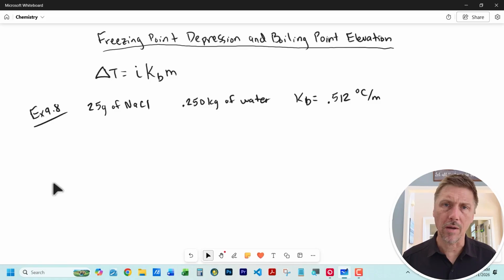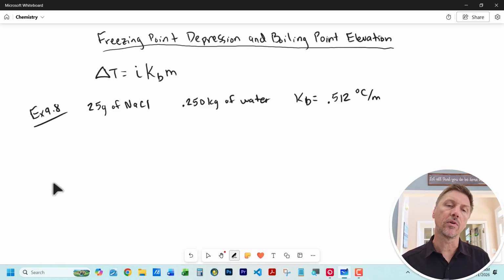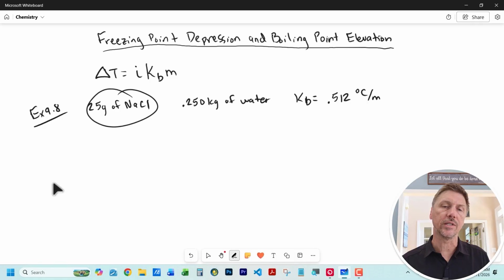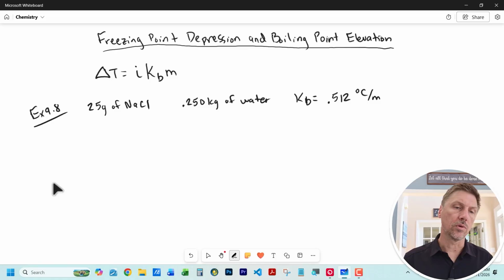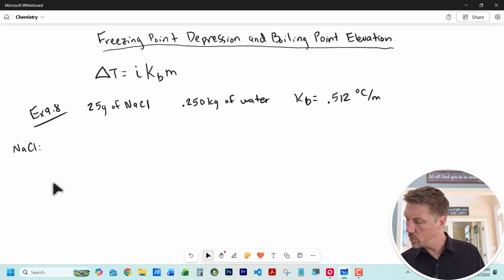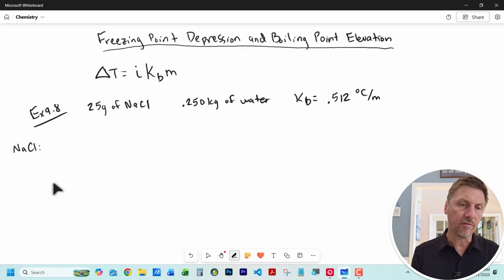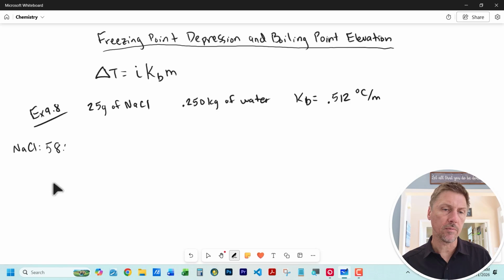The boiling point elevation constant for water is 0.512 degrees Celsius over molality, okay? So very similar problem. We're going to work this the same way, except this time we need to convert 25 grams of NaCl to moles because we're going to need that to be able to calculate the molality. So going to the periodic table, we see that NaCl has a molar mass of 58.44 grams per mole.